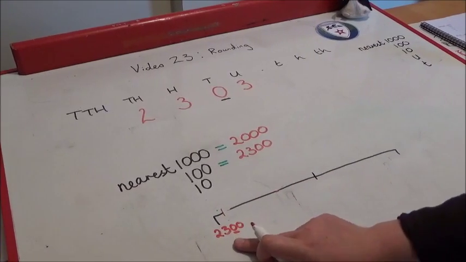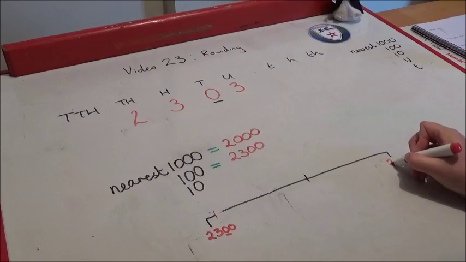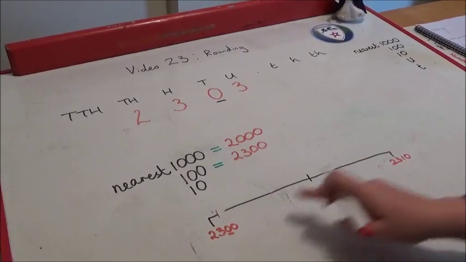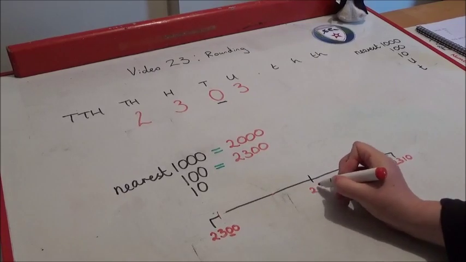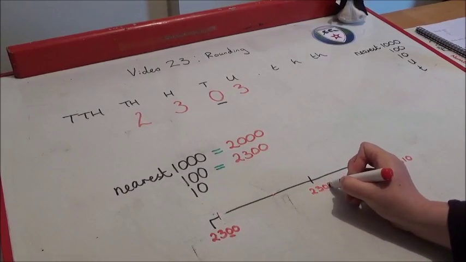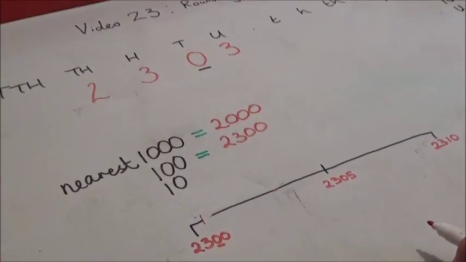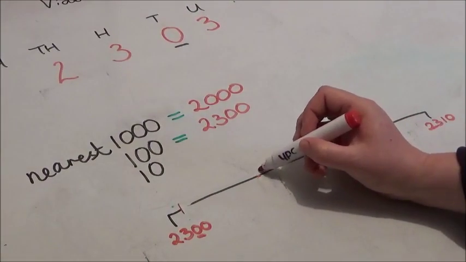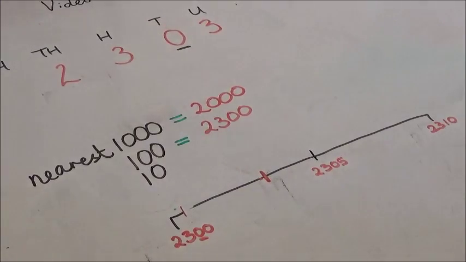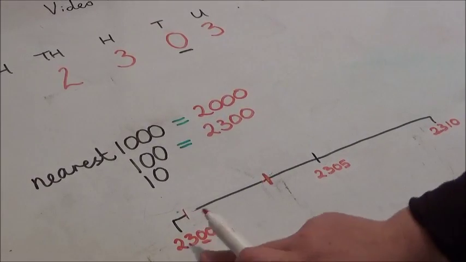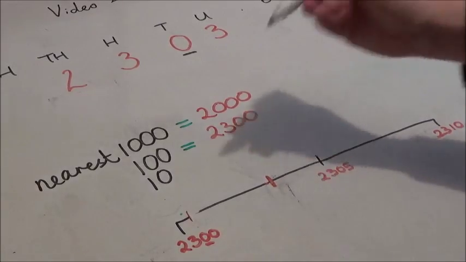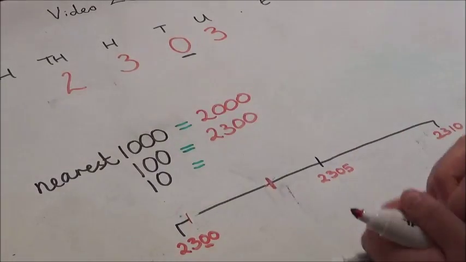Because we're looking at the tens, the next 10 along would be 2,310. Between this point, we have 2,305. Our number is 2,303, so we're about here on our number line. And again, it's clear that we're closest to the smaller 10, we're closest to 2,300.